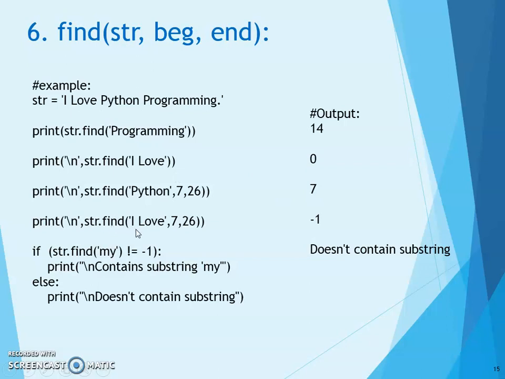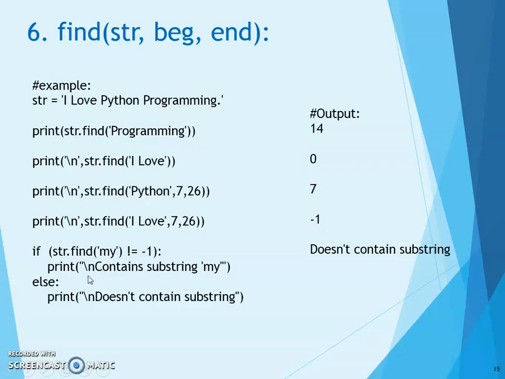Now we want to check whether the substring "I love" is present or not, starting the checking from 7th index. From 7th index till the 26th index, this substring is not present, so this will return -1.